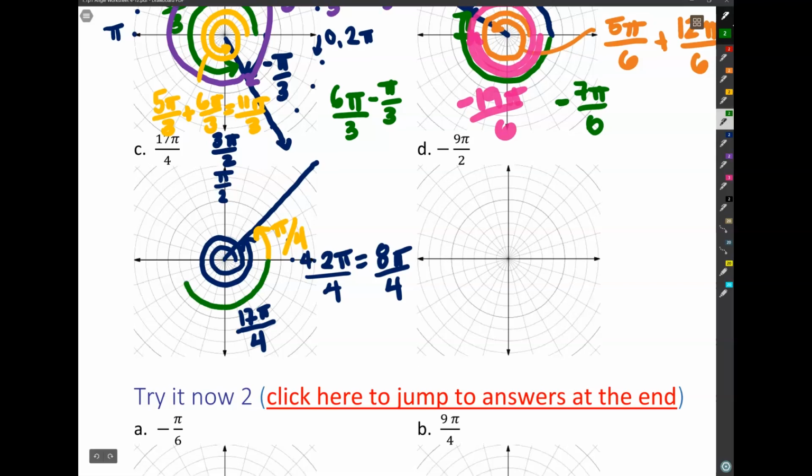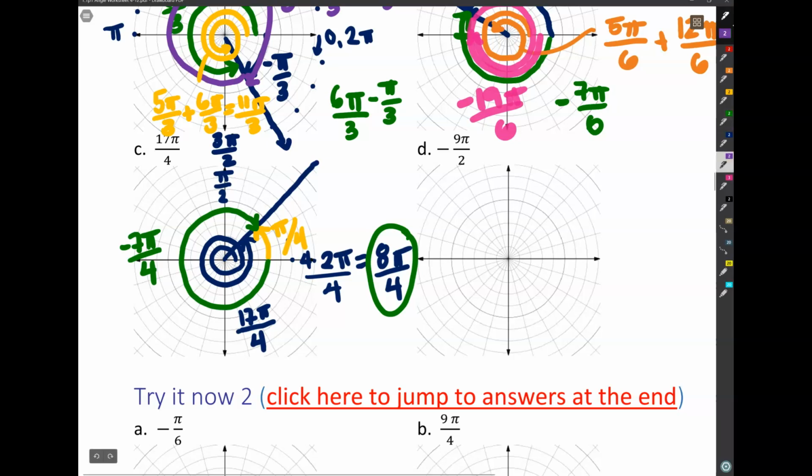If we went the opposite way, we know that all the way around is 8 pi over 4. So if we stop 1 pi over 4 short of that, that's 7 pi over 4s around the circle. Okay, and then let's see, maybe one more. What else could we do? We could just do another lap around negative.